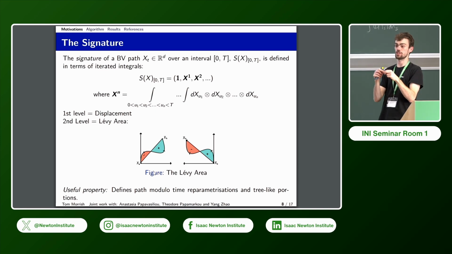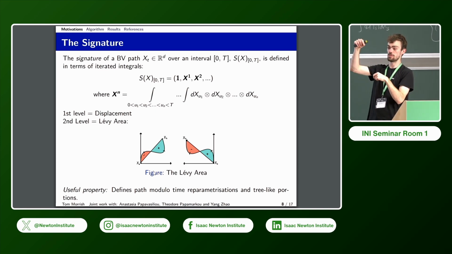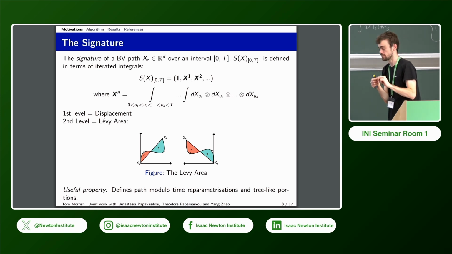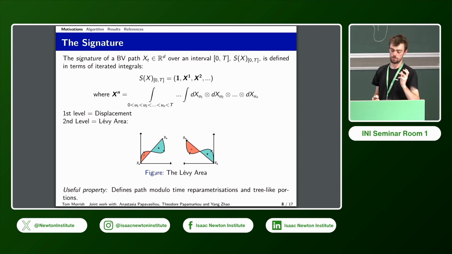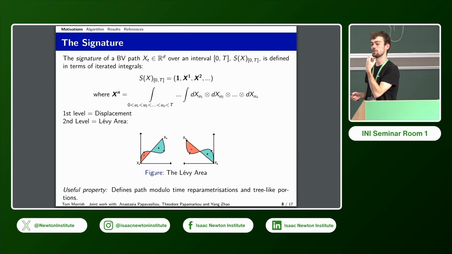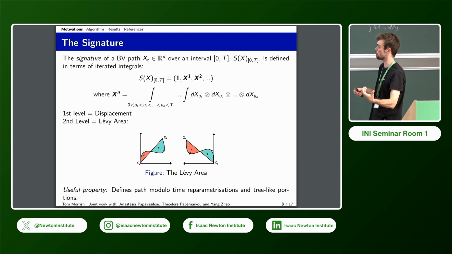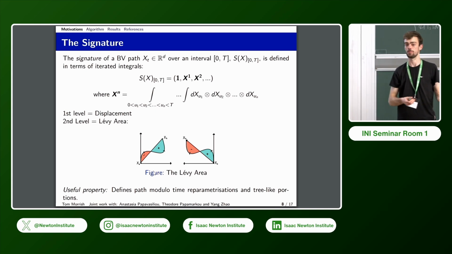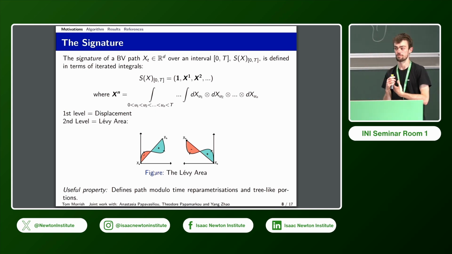A tree-like addition is where you jump along the path up to a point and then directly retraverse that exact same path back, which doesn't happen in the real world. If you want to get rid of tree-like portions, you add time as a dimension in your path, because obviously you can't retrace time.